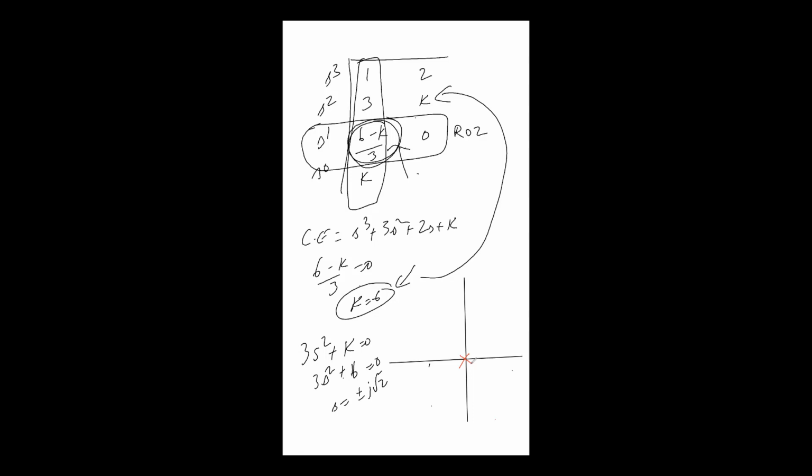We have one pole here, another pole here, another pole here. Minus 1. So this is your angle of asymptote. Let us suppose this is your angle of asymptote, and this is your third angle of asymptote.